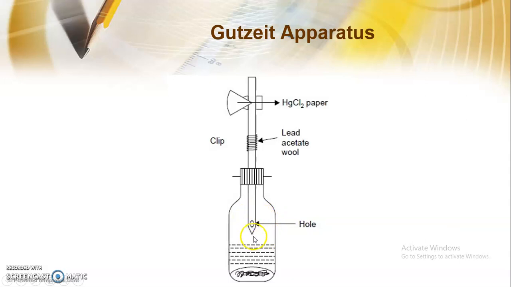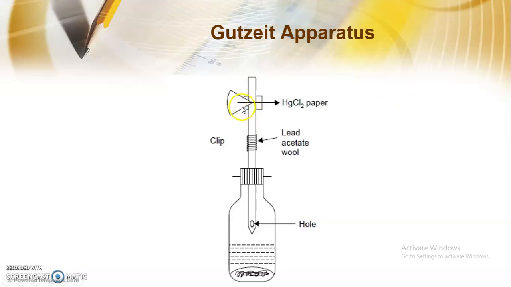The tip of this tube has an internal diameter of about 1 millimeter, and the orifice has a diameter of about 2 to 3 millimeters. At one end there is a hole in this tube through which the arsine gas that is produced will pass towards the mercuric chloride paper.